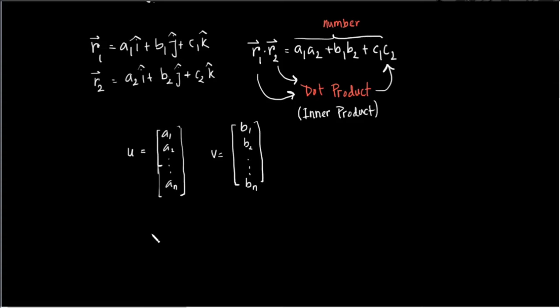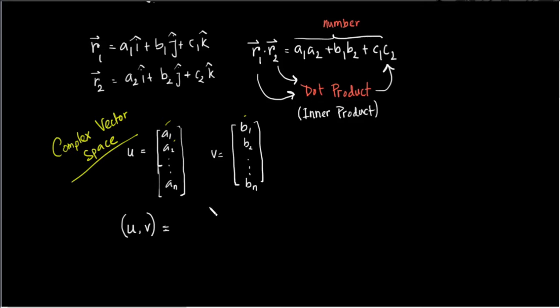So the inner product of u and v, mind that we are now explicitly working with complex vector spaces. I will write that so that we can keep track of it: complex vector space. All these numbers a1, a2, b1, b2 are complex numbers.